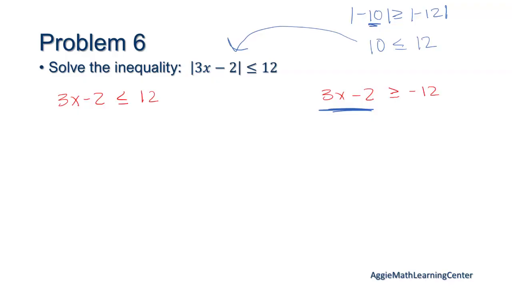Yep, so if we left it where we had it less than or equal to, we had that negative 10 is less than or equal to negative 12. Well, first off, that doesn't quite match, right? So maybe instead we'll say negative 14 is less than or equal to negative 12.